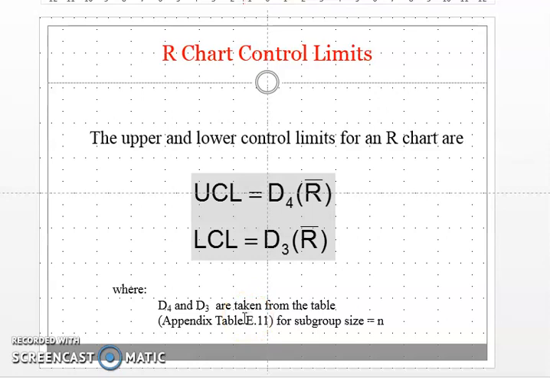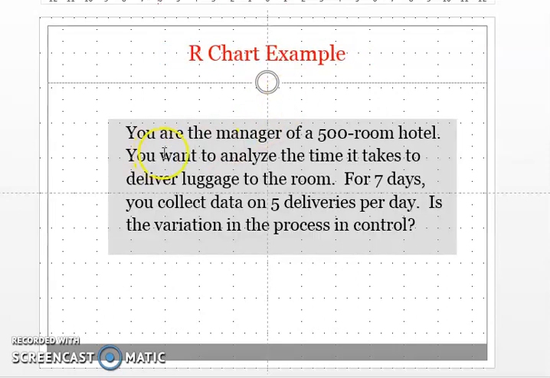At the back there is an appendix, and for subgroup size n, here in the example we have taken 4 or 5 subgroup sizes, the D4 and D3 values are given. Sometimes in problems they directly give the value or they provide the chart. After that you have to draw as per procedure.